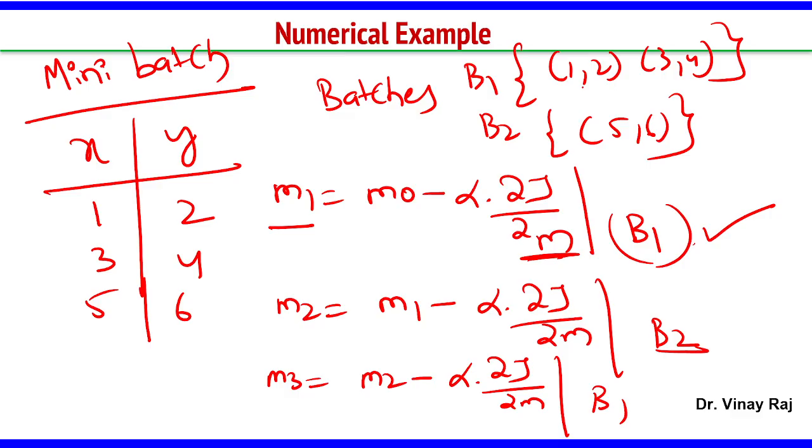We need not do all these calculations. Automatically you give the data set, you give the learning rate, you give the initial values, and it will automatically find the best values for us. It will repeat until some point and then it will stop. We will see the practical demo of that in some time, right.